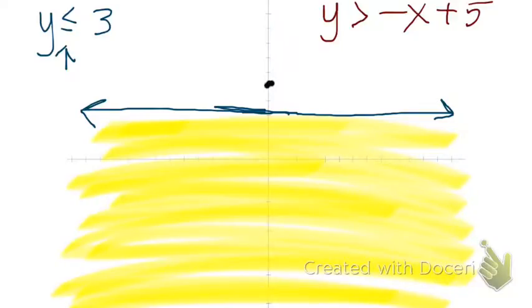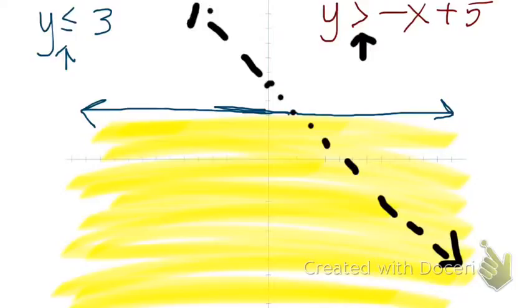Now we have a slope of negative x, which is technically negative 1. So that means I need to go down 1 and then right 1. Down 1, right 1, down 1, right 1. Okay, and then is my line solid or dashed? It's going to be a dashed line. It is not equal to. So we're just going to extend this in both directions.